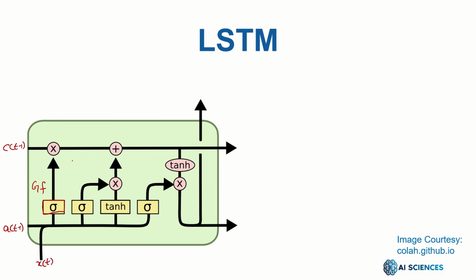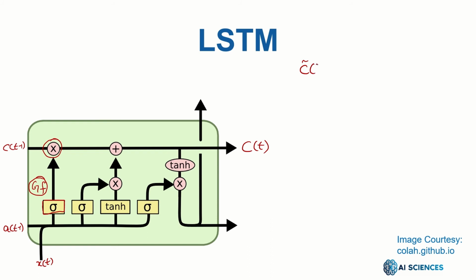Now, for example, this gate will decide whether this operation is going to happen or not. So, for example, let me generate this value C for the next time step in the following way: the candidate value.